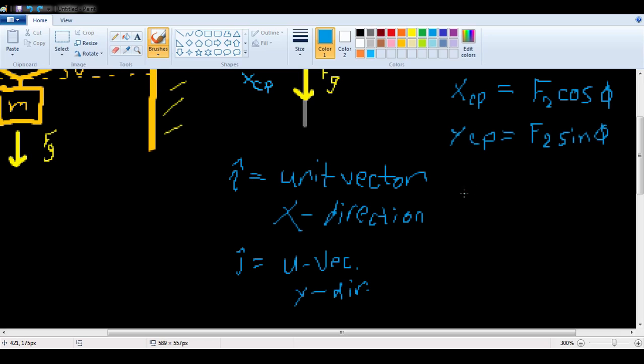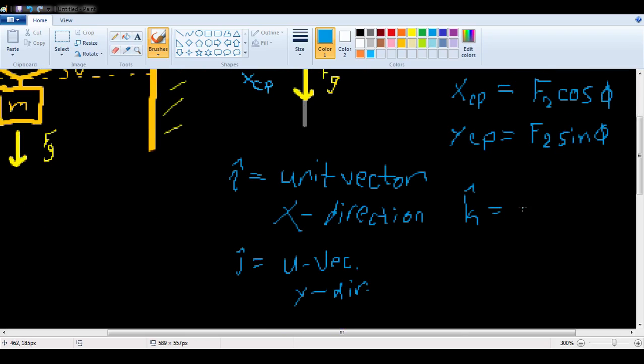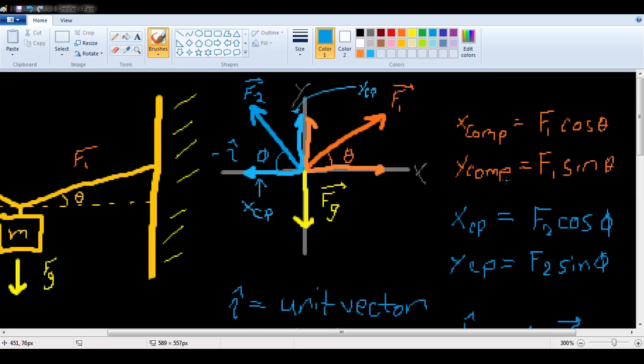And then you also have k hat, which we will not be using because this is two-dimensional, which is the unit vector in the z direction. That's not legible, but you have this video, so I don't really care.